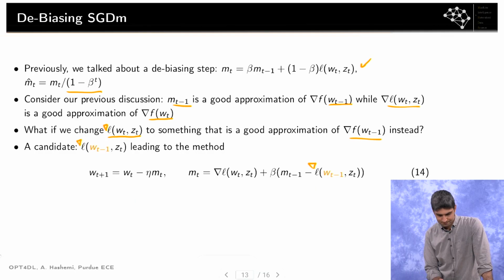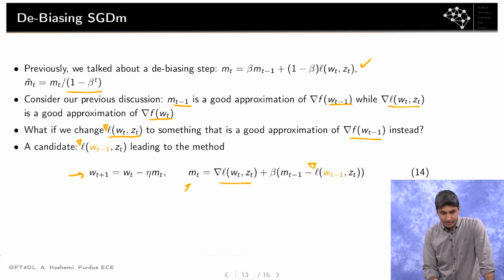Second attempt. We use our usual update. We go from the current solution to the next one by following the direction of our update vector minus m. But we're going to update m, the momentum, differently.